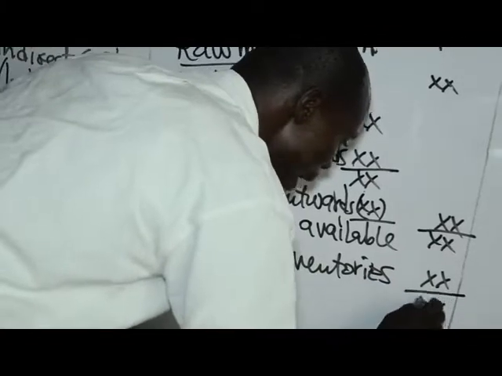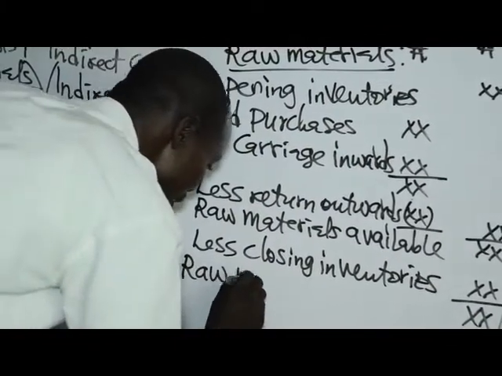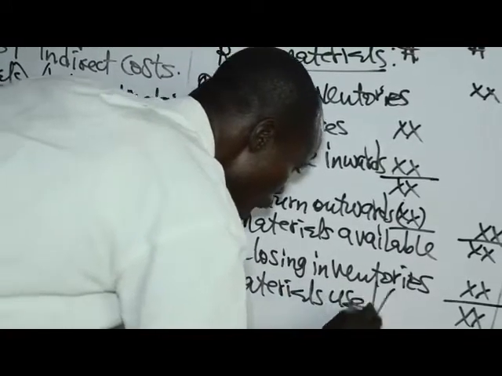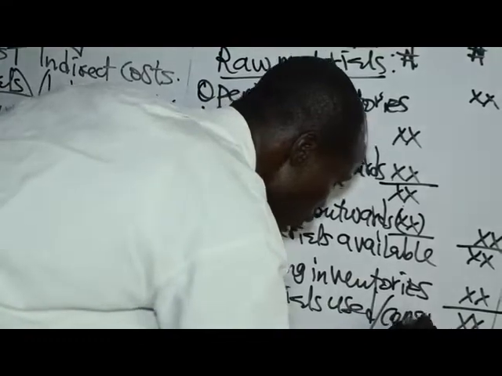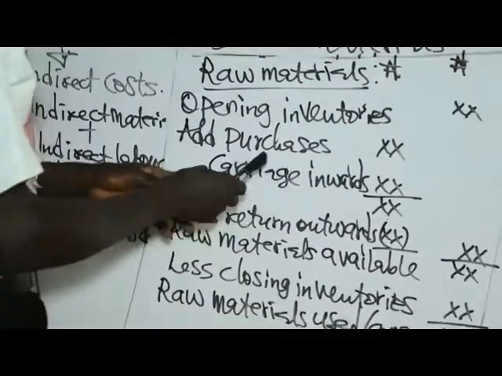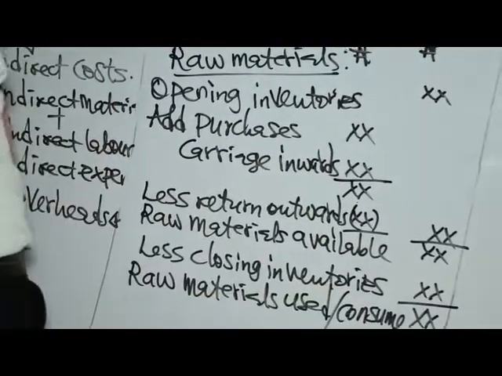Now you get raw materials used, or raw materials consumed. So this is the value of your raw materials that will be included in the manufacturing account.